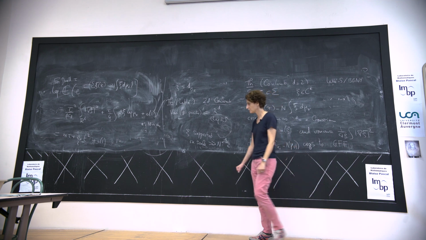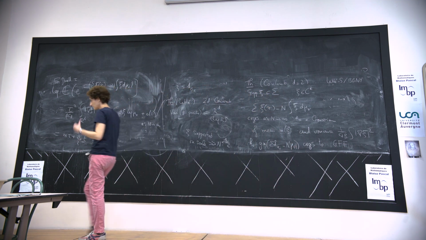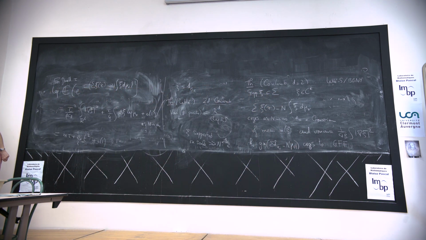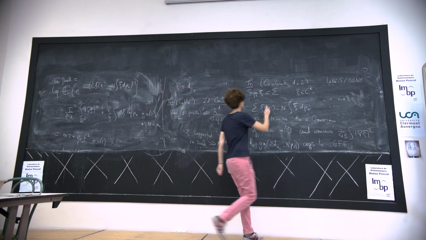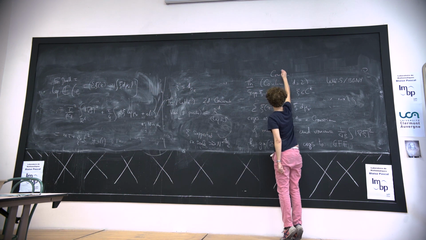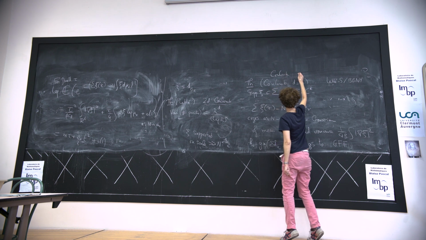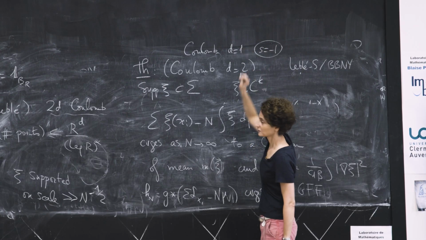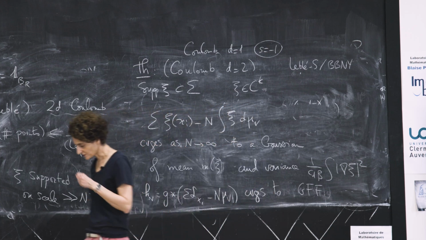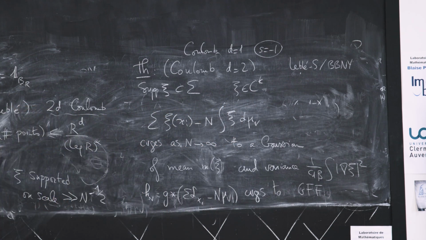And another remark is that there's also a theorem like that in dimension 1. So for the one-dimensional Coulomb gas, be careful, the one-dimensional Coulomb gas is not the log gas. So it's s equals -1. When s equals 0 in dimension 1, this theorem was known for a while.